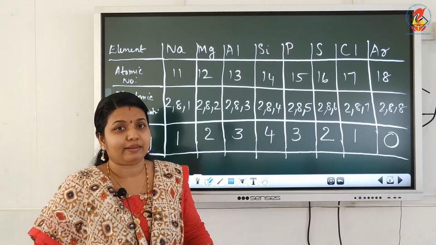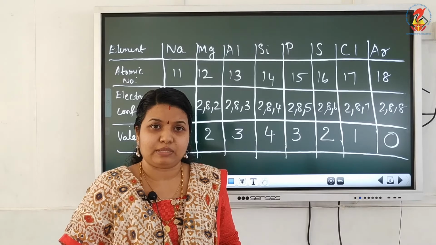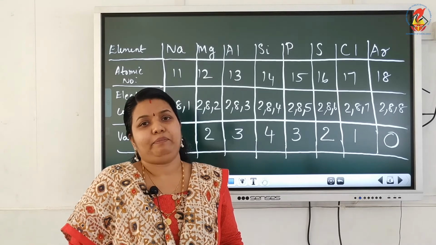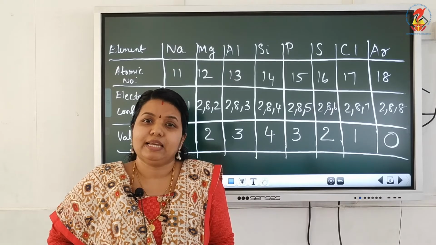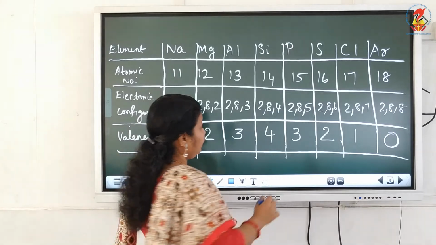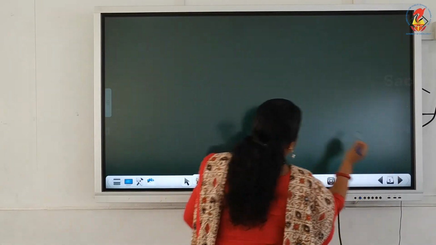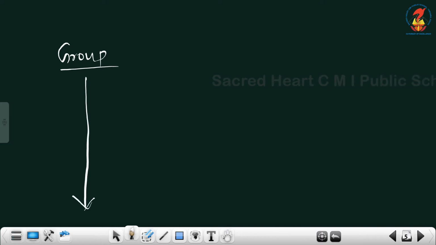So this is the trend in the modern periodic table for valency. Across a period means from left to right in a period. As you move from left to right in a period, valency first increases, reaches a maximum value of 4 and then decreases. So this is in a period. Now we will see what happens to valency when you move from top to bottom in a group, as you move down a group.